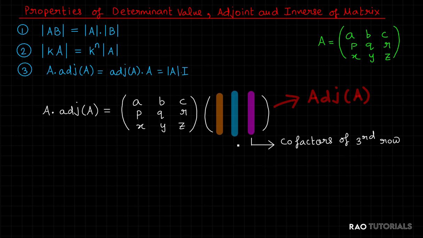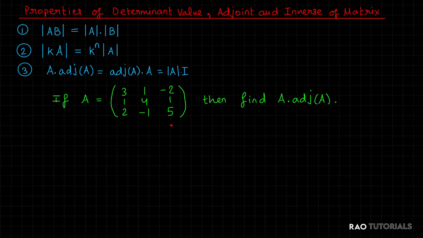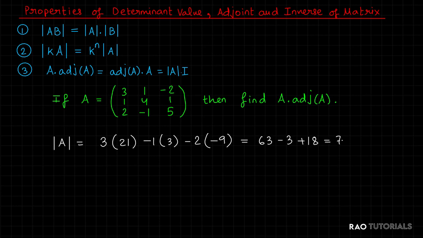This result can be used in questions like this. Now instead of actually forming the adjoint of A and then finding this product by multiplication, we can simply find the determinant of A as 3 into 20 plus 1 minus 1 into 5 minus 2, 3 minus 2 into minus 1 minus 8 minus 9, which equals 63 minus 3 plus 18, that is 78.